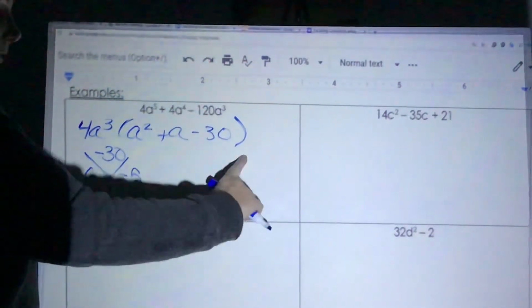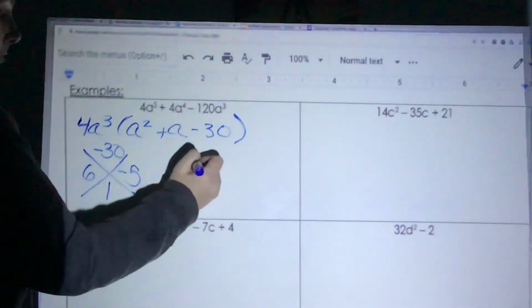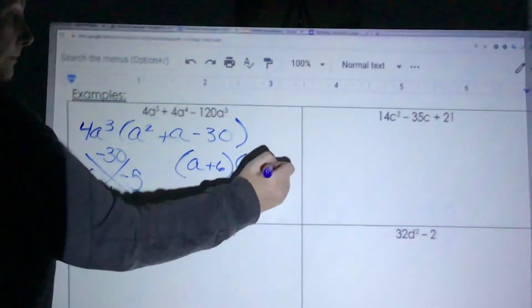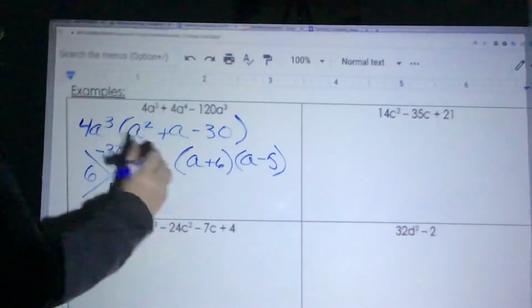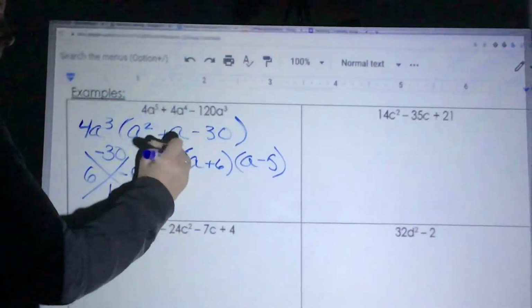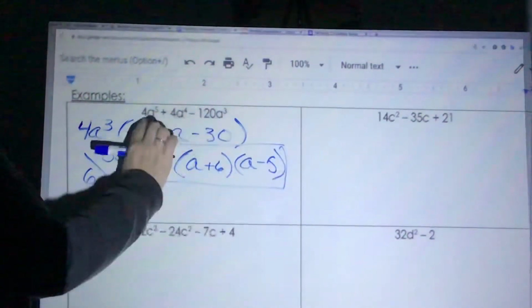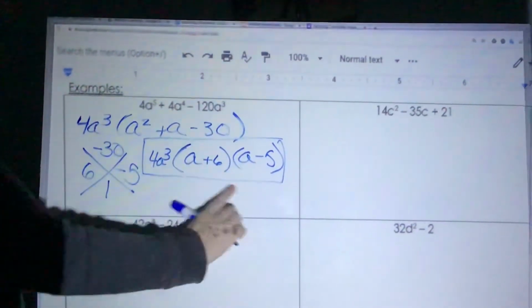So I can break this trinomial into a plus 6, a minus 5. But I also have my GCF, so I'm going to add that as well. So the final factored form for this trinomial is this.